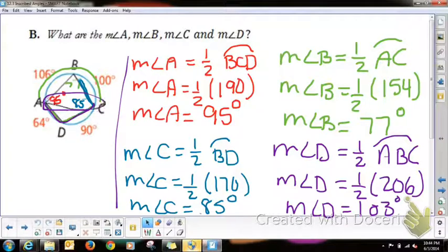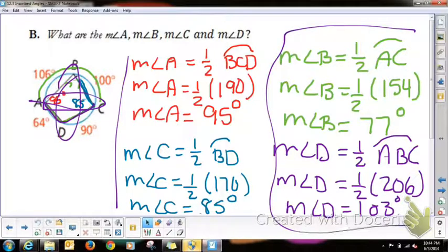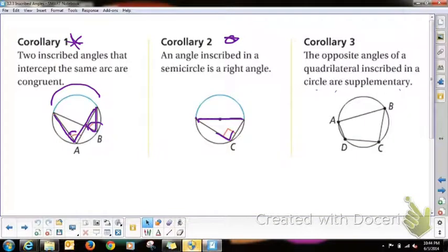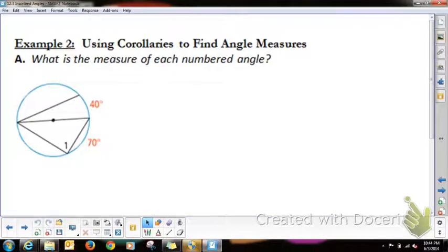A and C together equal 180, and B and D together equaled 180. Fancy that. So that's corollary 3. Opposite angles, so B and D together would equal 180, and A and C together would equal 180. They would be supplementary.